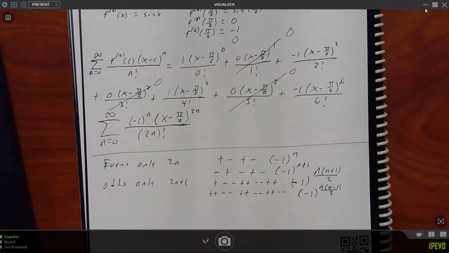I should have left it as just a 2 times 2 times 2. That way you would have seen the pattern easier. So try not to multiply stuff out. It's a rule of thumb. And yeah, just try to leave everything factored. That'll help you see the pattern.